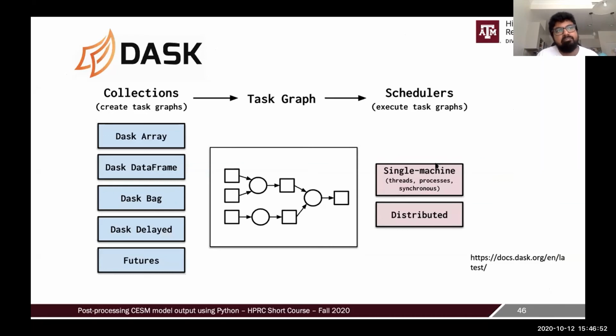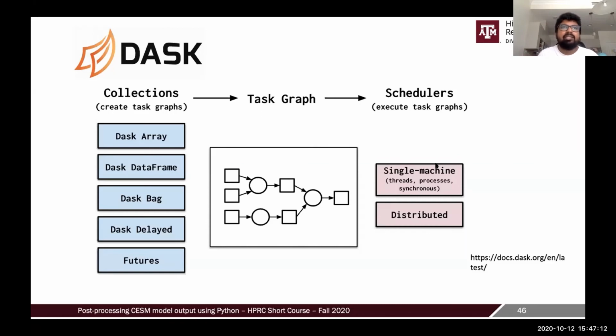Dask, meanwhile, is different from MPI. With MPI, you have to explicitly structure your code to be parallel. There is no other way around it. So if you have a serial code and want to make a parallel version of it, you're going to have to start from scratch.